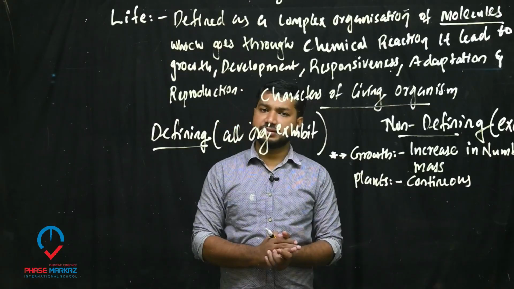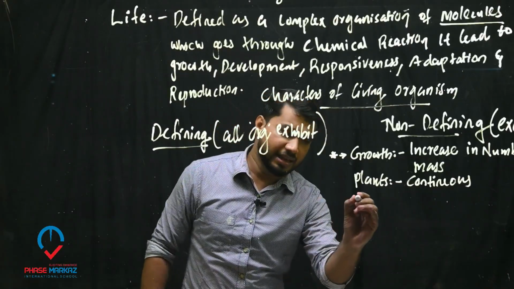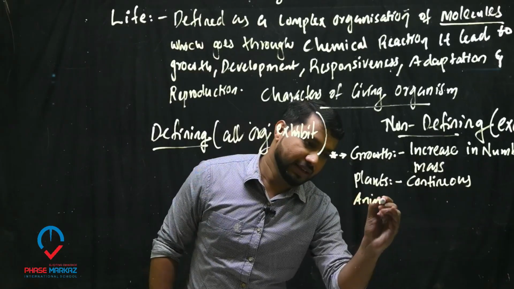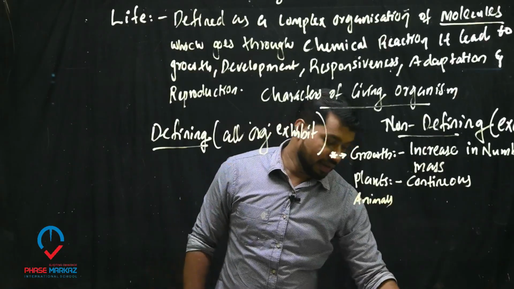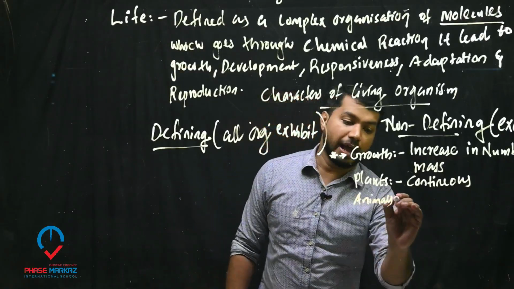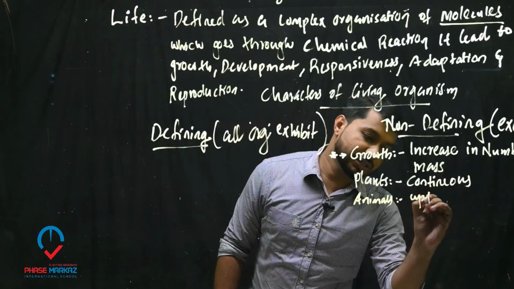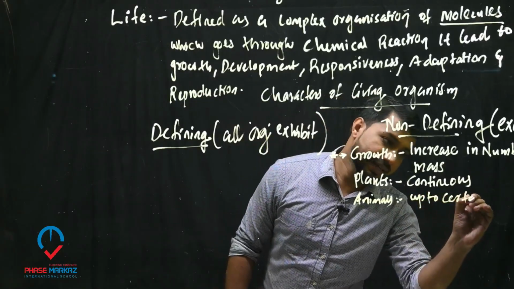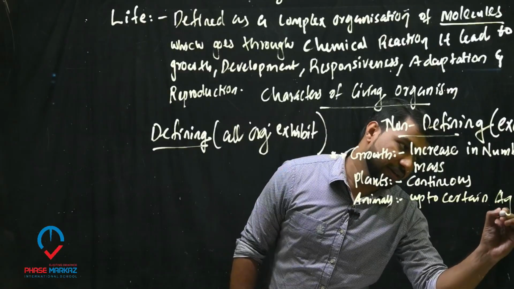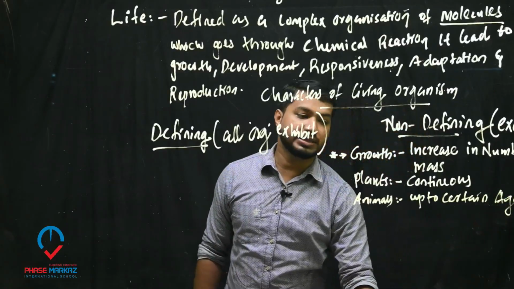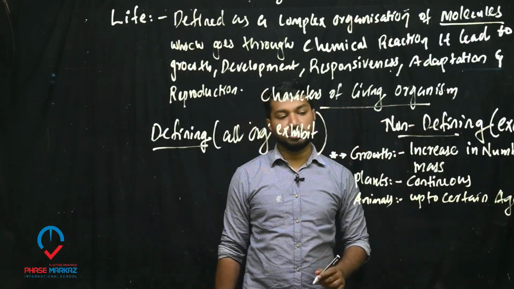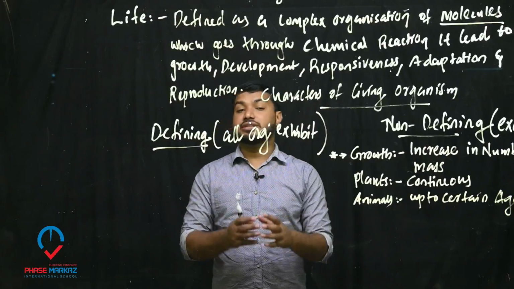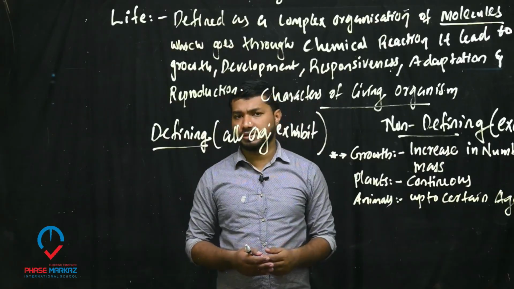Then what about animals? Animals grow only up to a certain age. Take us as an example.